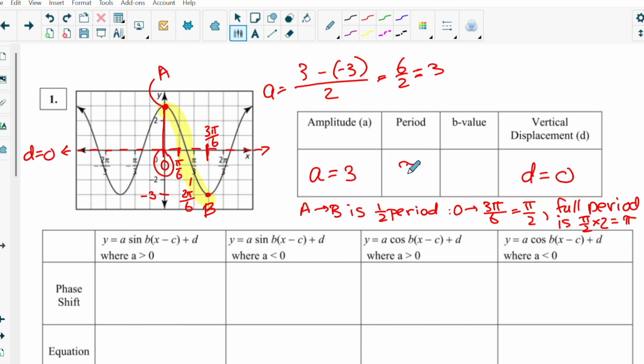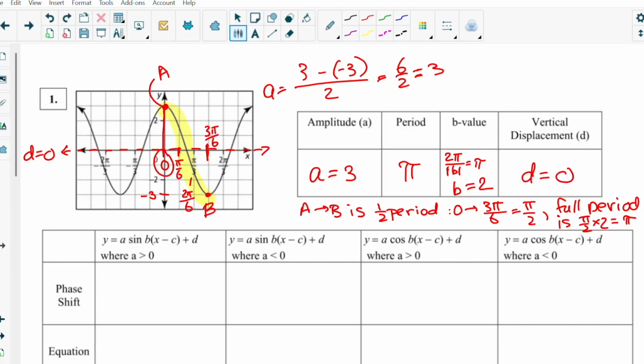So my period is pi. What's my b value? Well, 2 pi over the absolute value of b equals pi, and that means b equals 2. So I've got my a, b, and d values.